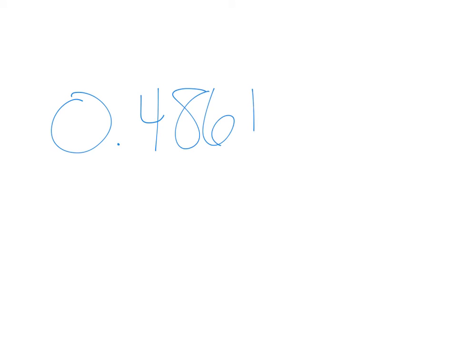The only exception that makes these a little bit more challenging is if you have numbers that aren't at least 1. So for instance, if we have a number like 0.486 plus 0.098. This is a little bit harder to estimate because we can't really round it to a whole number.